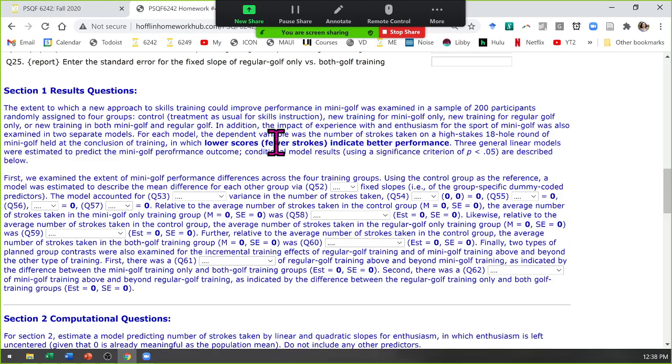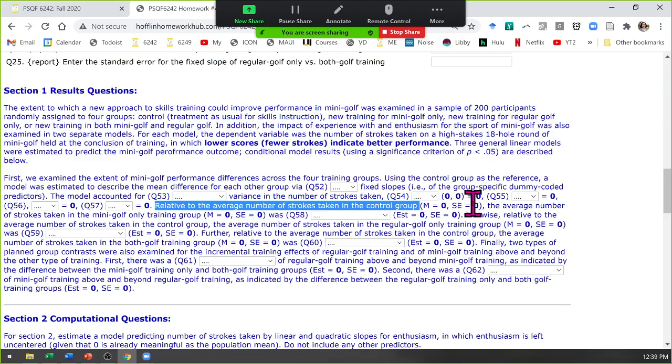There was a benefit of training if the group of interest had the lower score, or there was a cost of training if the group of interest had the higher score. So each of these questions is relative to something. For instance, on this line right here after question 57, it says relative to the average number of strokes in the control group. So starting there, the comparison group was higher or lower.